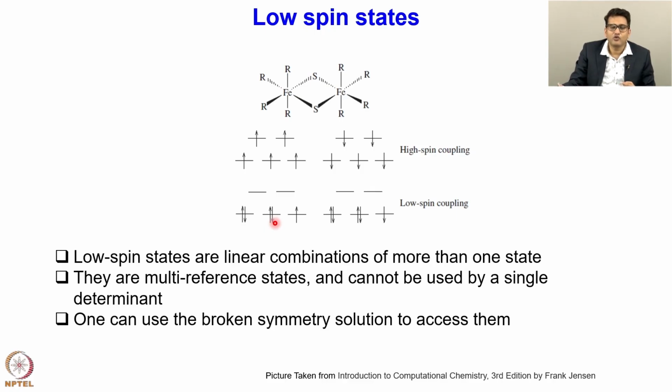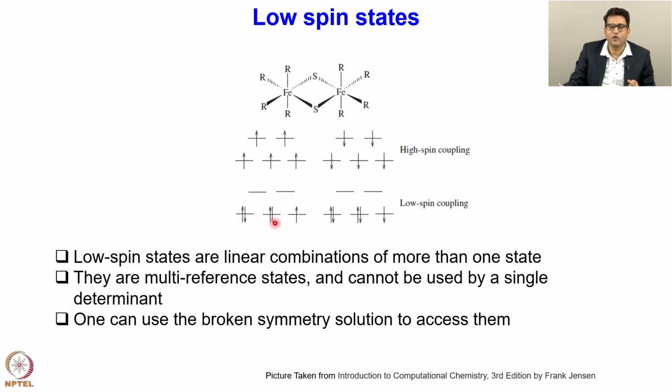You can use the unrestricted picture and use a broken symmetry solution to access them. So, broken symmetry Hartree-Fock is like a poor man's multi-reference SCF or MCSCF. So, it gives you easy access to some of these low spin states, but sometimes it becomes very difficult to find a few of the low spin states through this.